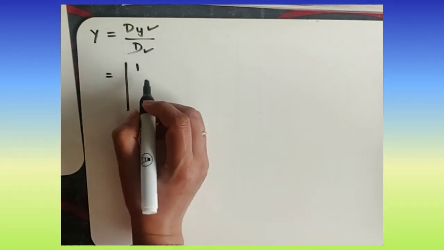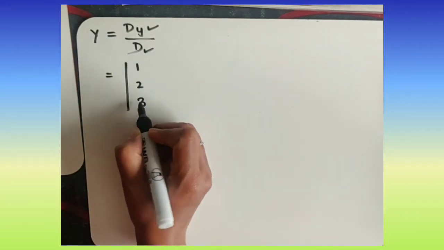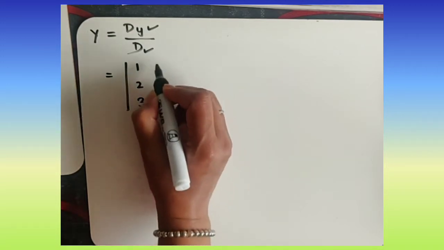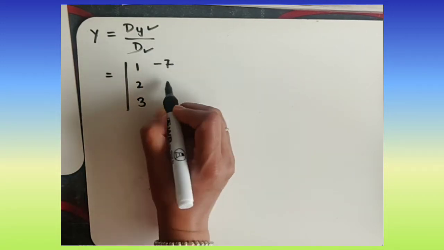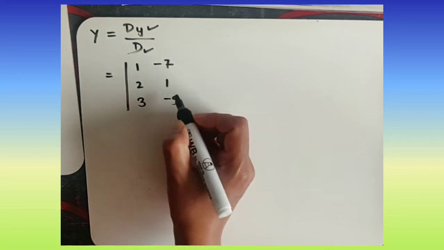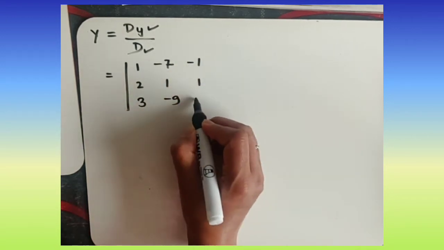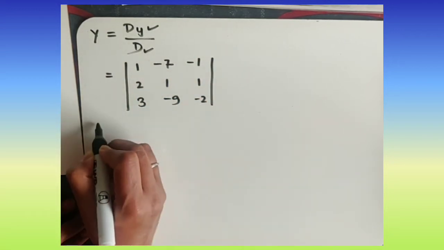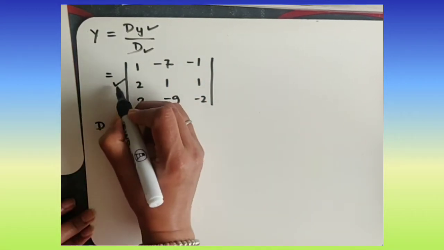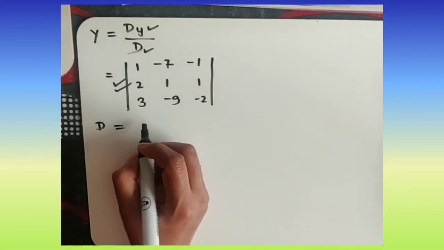So 1, 2 and 3 here, and in place of y we are going to write down minus 7, 1 and minus 9, and the coefficient of z is 1, minus 1, 1 and minus 2. Now we will find out the determinant of this coefficient matrix.